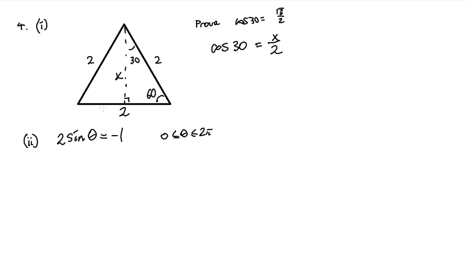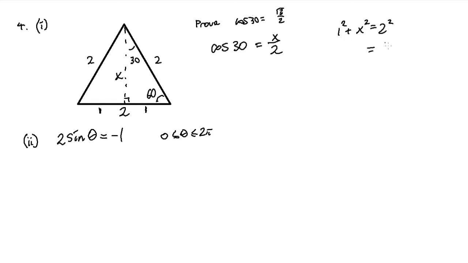Conveniently, because this is a bisect, we know that this is 1 and this is 1. And so using the Pythagorean rule, Pythagoras theorem, 1 squared plus x squared is equal to 2 squared.